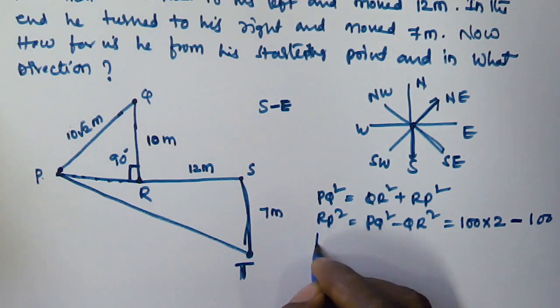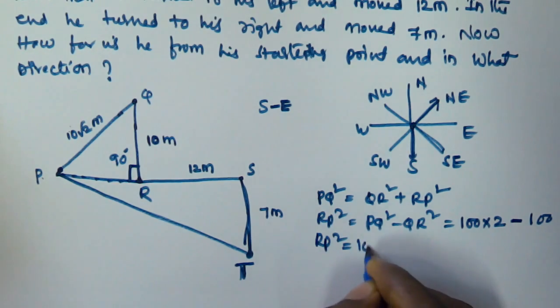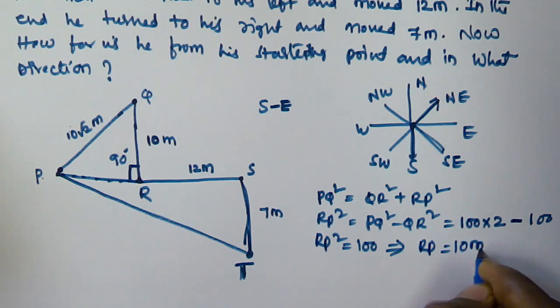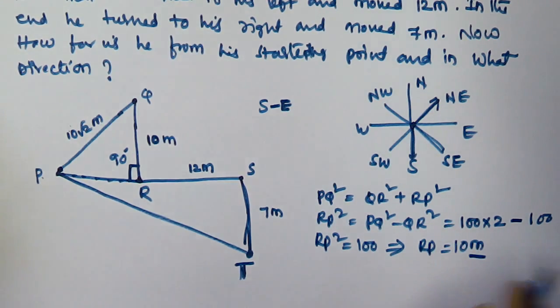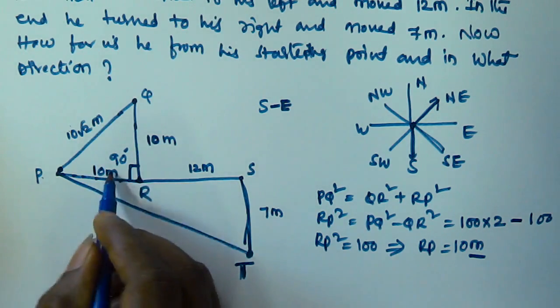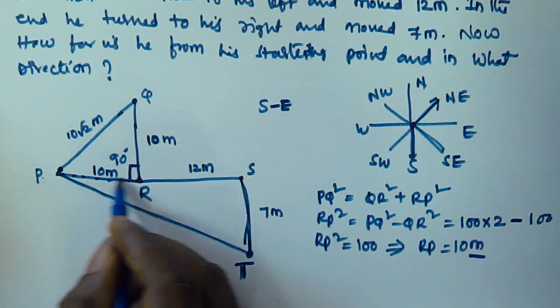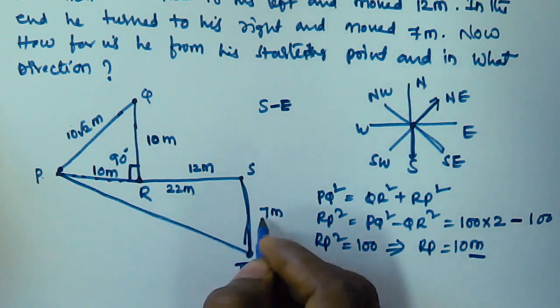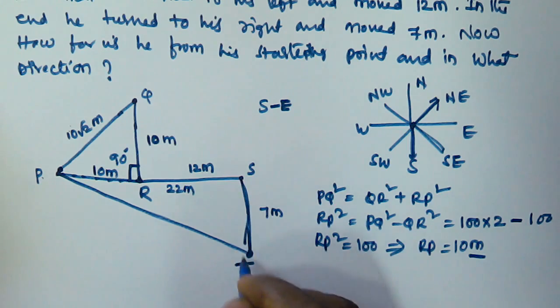So RP square is equal to 100, so RP is equal to 10 meters. So this is 10 meters and this is 12 meters, the total distance is 22 meters. And this distance is 7 meters.